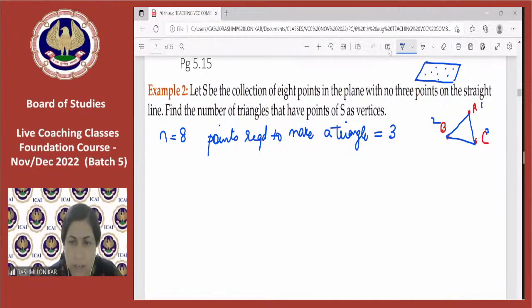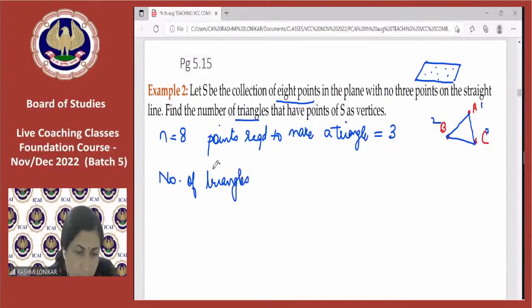So we are saying here that N is equal to 8 because this is given. And when they say triangles, I know that to form a triangle, I need 3 points. So the number of triangles will be equal to 8C3.